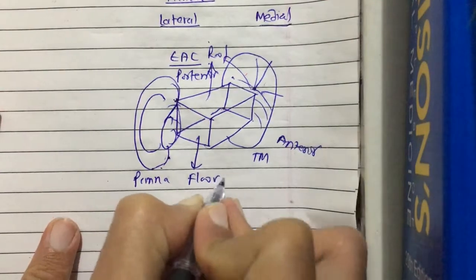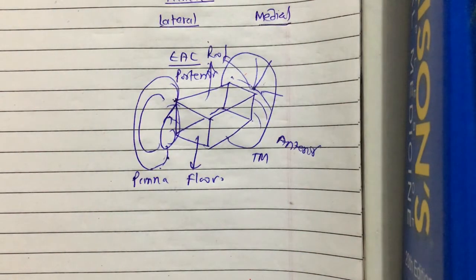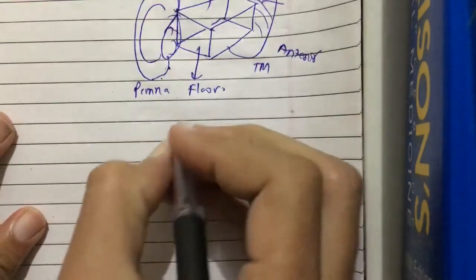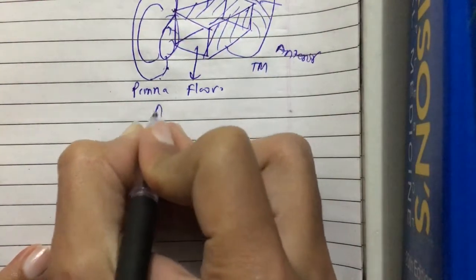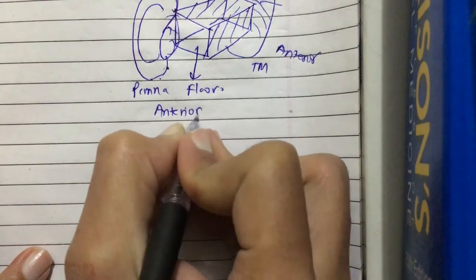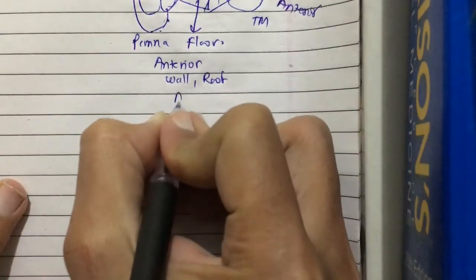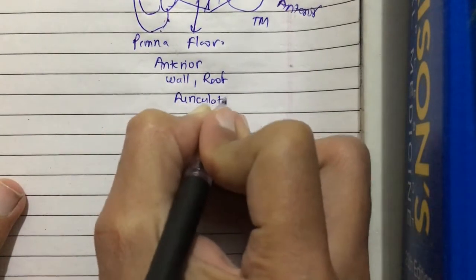The nerve supply of the external auditory canal: the anterior wall and the roof are supplied by the auriculotemporal nerve.